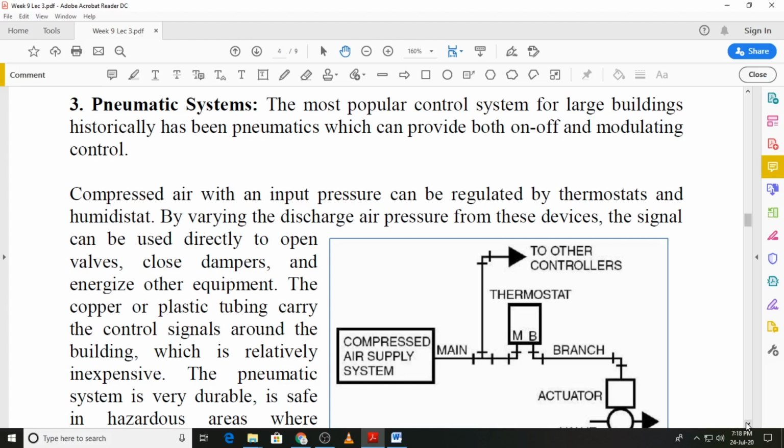So those signals from the thermostats and humidistats will then be used to change the input pressure. And then the device that we are operating will be operated, and they have been used for various purposes, that is opening valves or dampers and energizing other equipment.